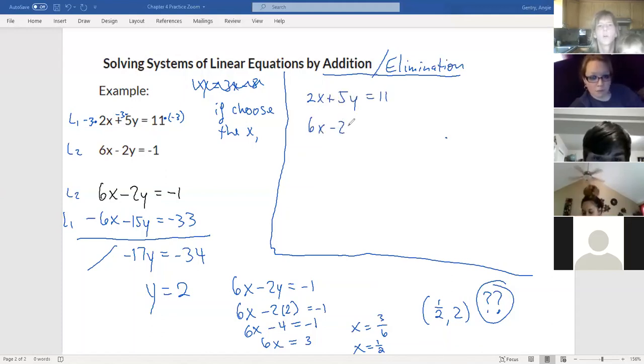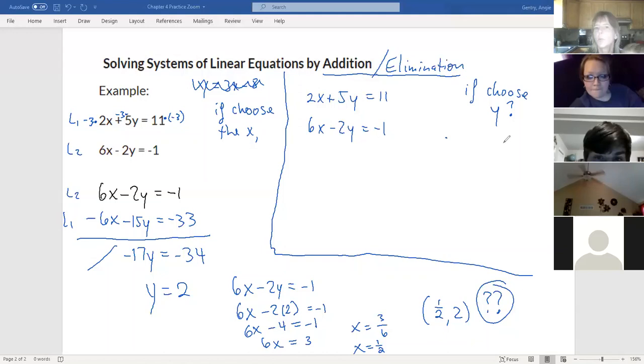So I'm going to try the other. I'm going to start over and try the other one. What if I choose the y's? Yes? So let's say I choose the y's. Do you see how I can't just multiply one of them and make it the exact opposite of the other? You see that, Carrie? If I multiply this one, I'd have to multiply by a fraction, and that's not something we want to do. So can you see how you need some number that if you multiply them, they will eliminate?